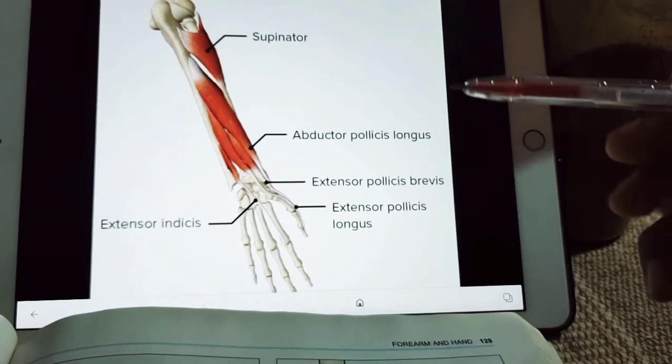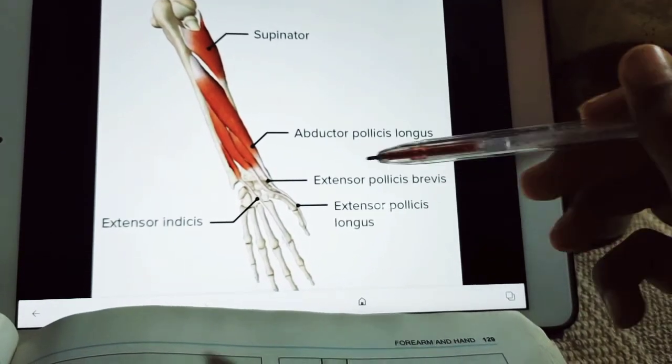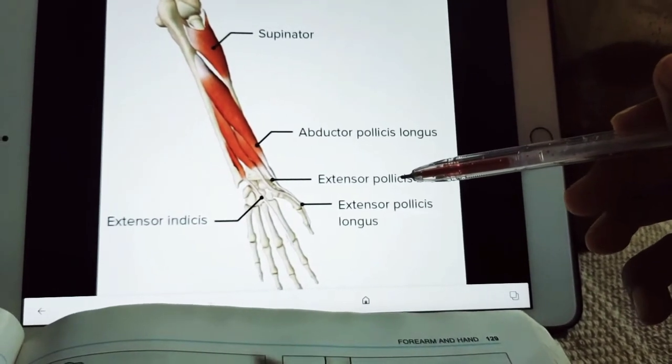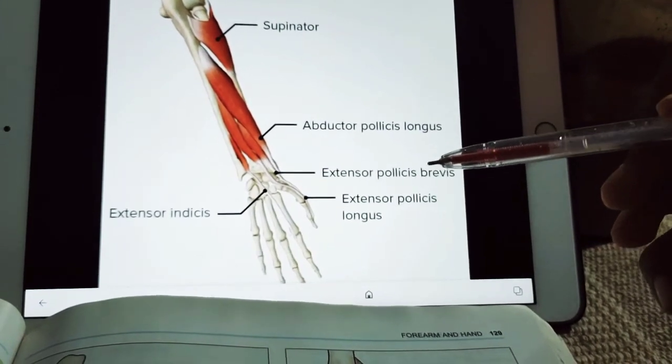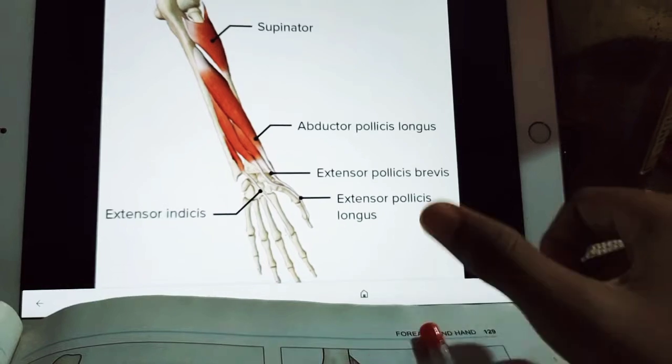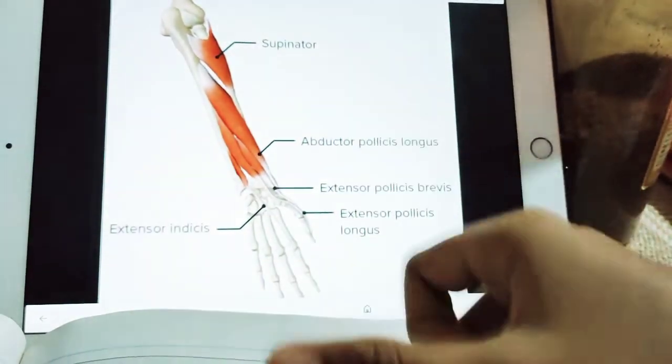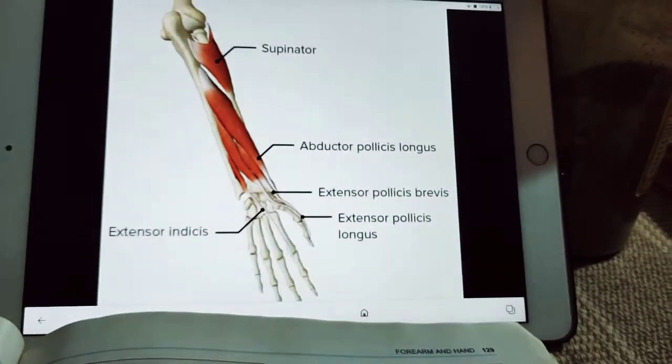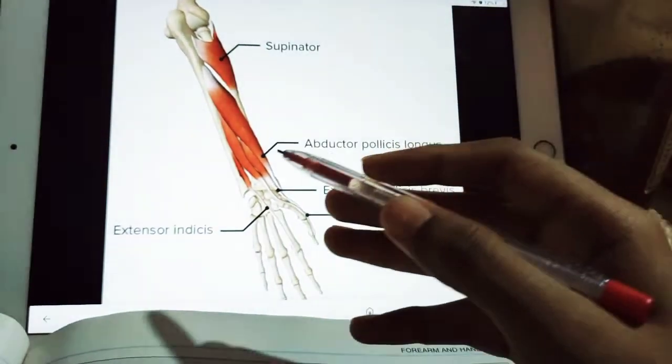Of course, extensor pollicis brevis is supplied by the deep branch of the radial nerve, and it is useful for extension of the metacarpophalangeal joint of the thumb. Next, abductor pollicis longus.